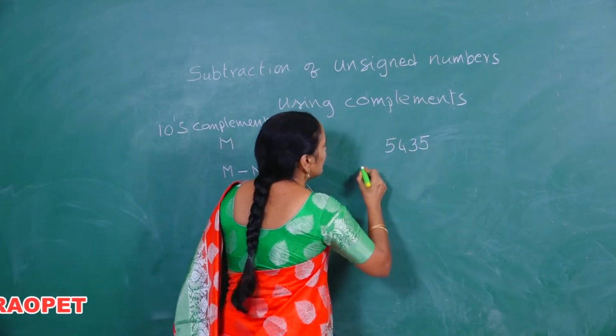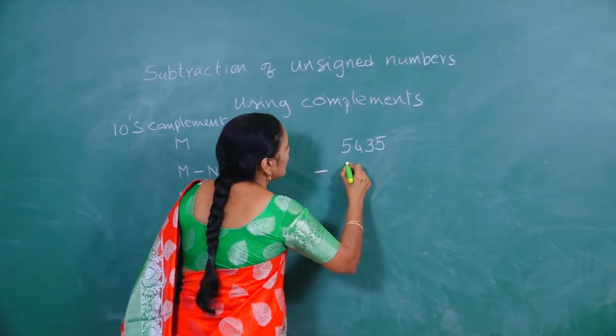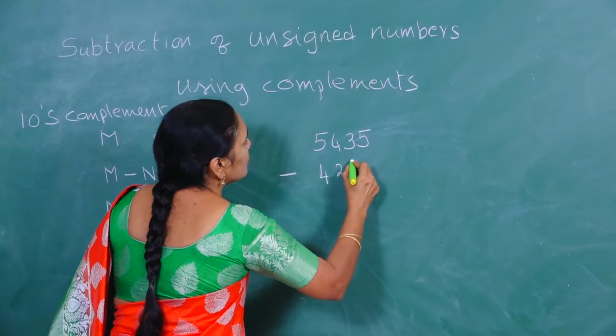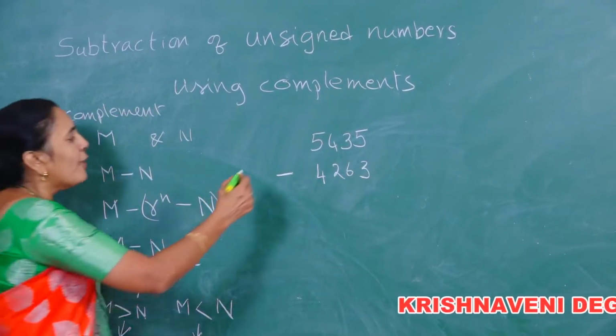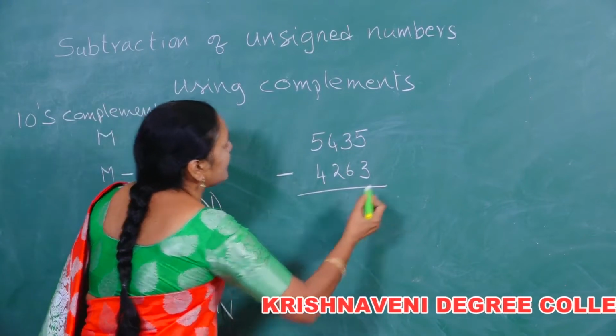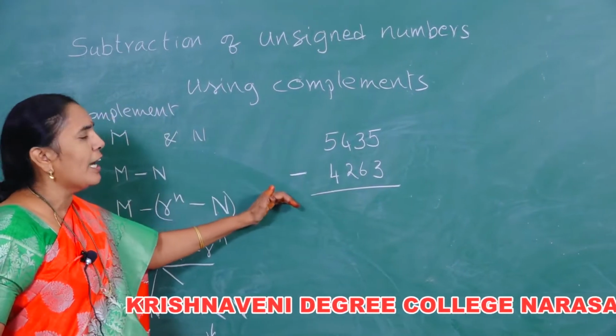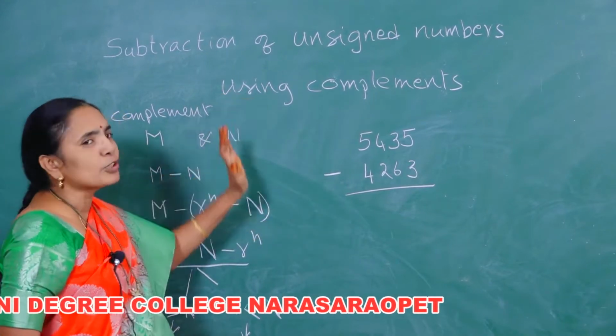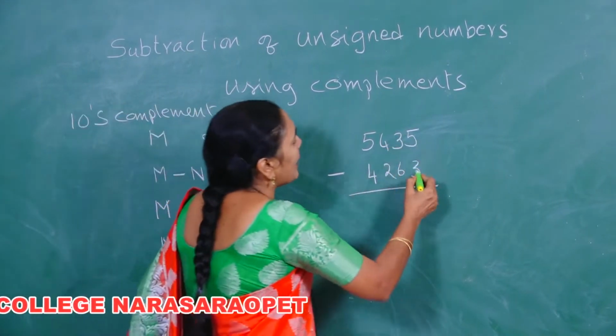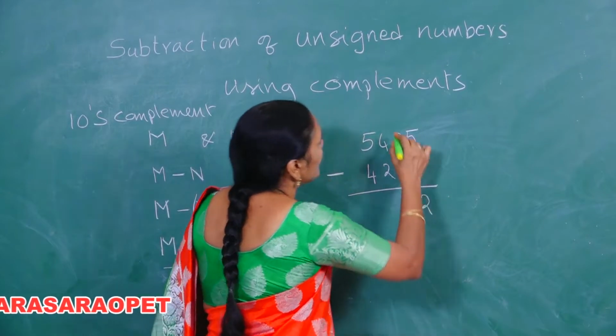Let us take the numbers 5435 minus 4263. First I am doing the decimal subtraction, then I will do the subtraction using the complements. 5 minus 3, that is 2.